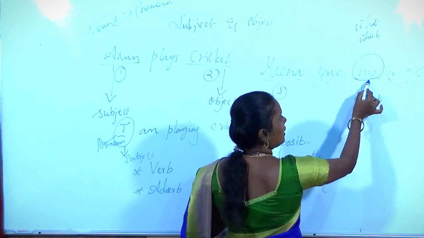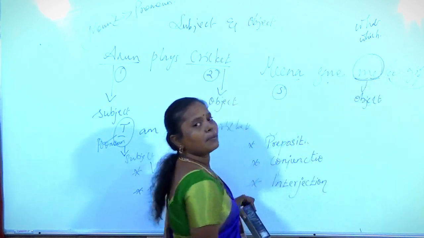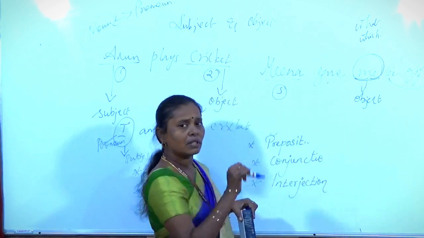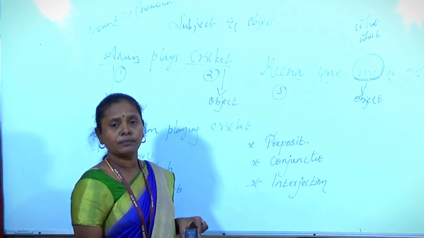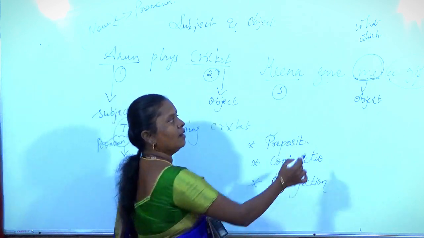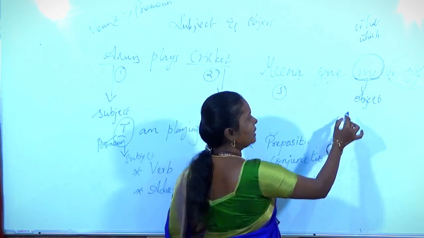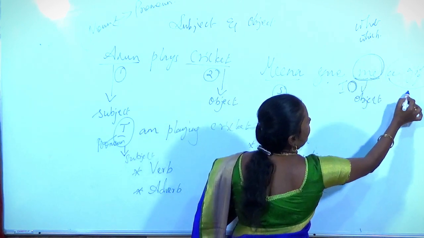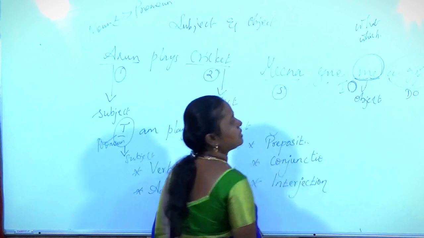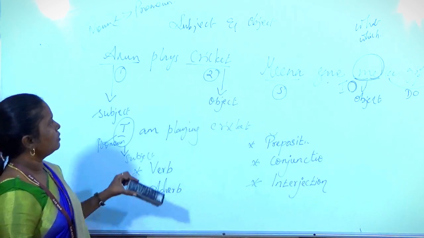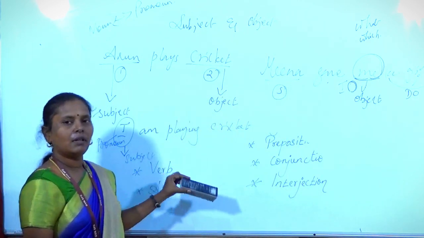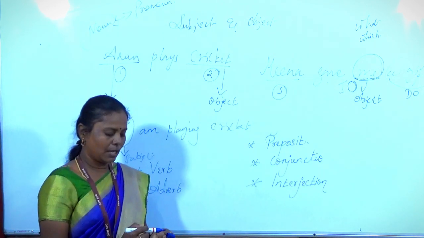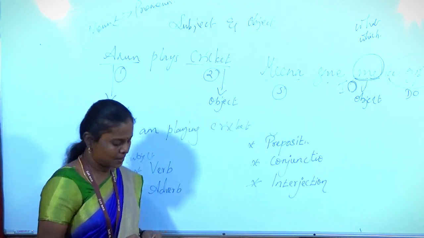Then you can ask, why do we say me? It is an indirect object. To whom did she give? For me. So this is the indirect object and gift is the direct object. So like this, noun and pronoun are used as object and subject in a sentence.